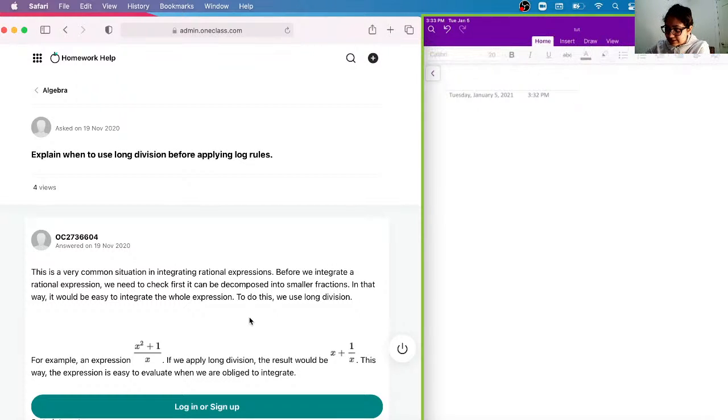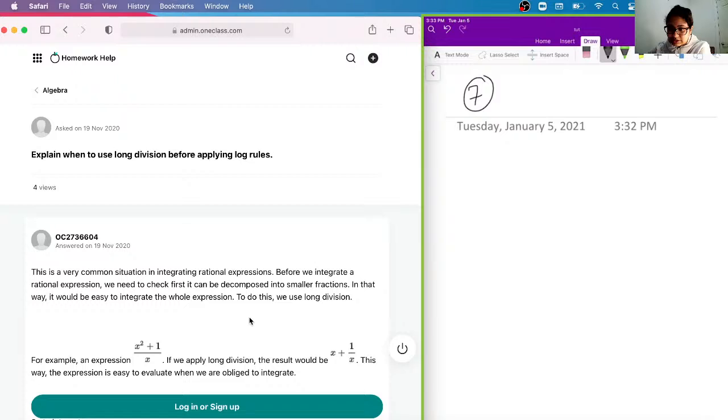What I mean by that is, before we integrate a rational expression, we need to check first if it can be simplified even more. That way it would be easier to integrate the whole expression. And to simplify the expression, we use long division.